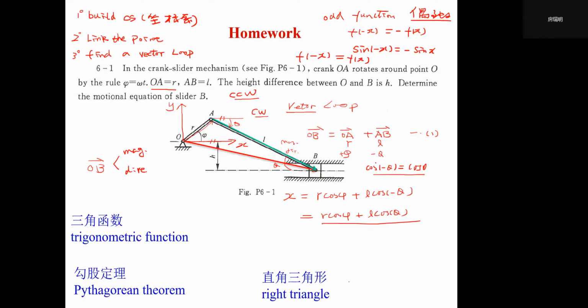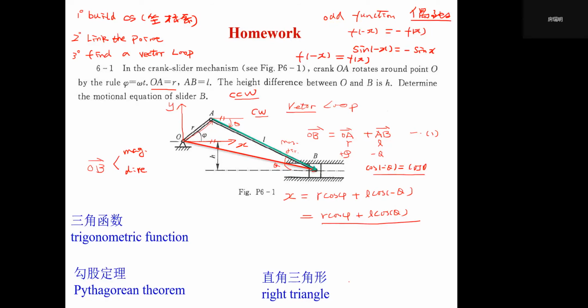So when we see cosine of minus theta equals cosine theta, I hope you can understand me, but I cannot explain this further. It's just a theorem from mathematical knowledge, so maybe you can check it by yourself.